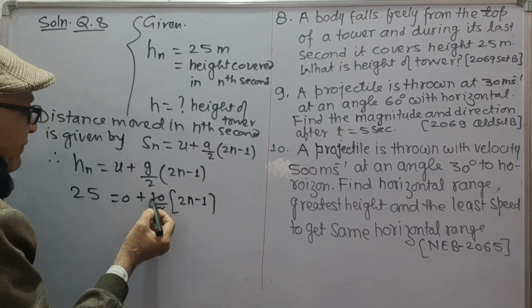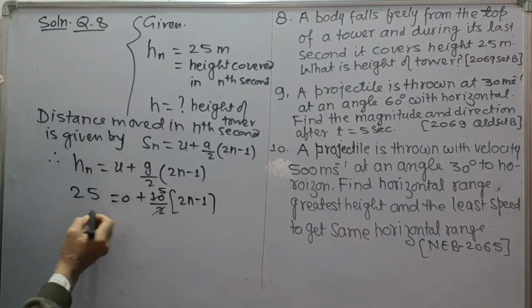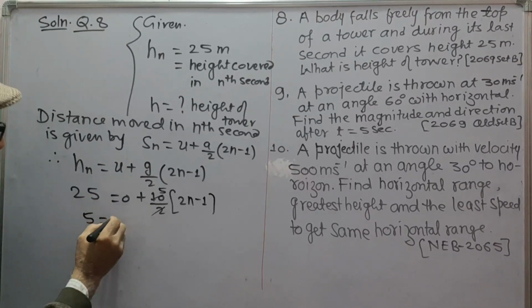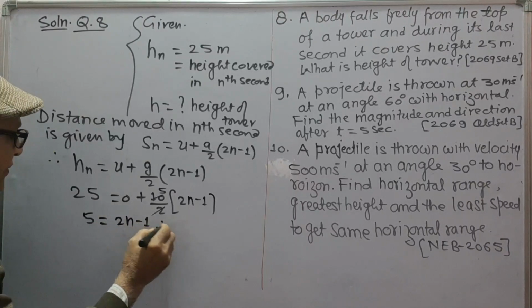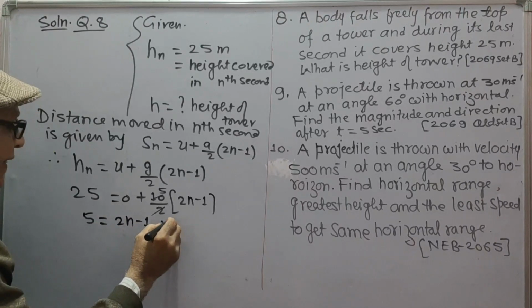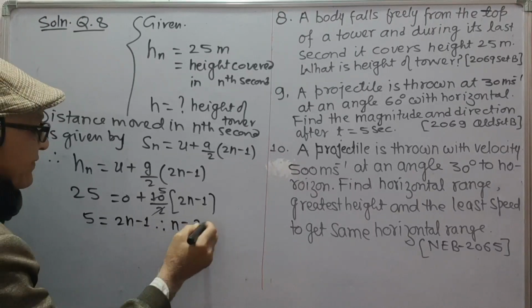So 25 upon 5 means 5 is equal to 2n minus 1. Therefore, n will be 3 seconds.